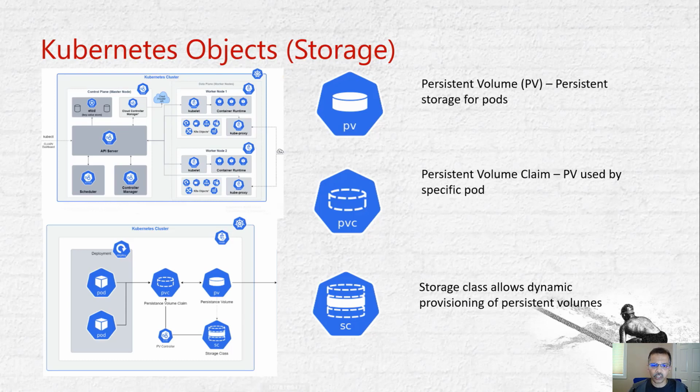Kubernetes has a number of storage types, and the important objects running there are persistent volumes, which are a low-level representation of the storage, persistent volume claims, which is a binding for a pod and a persistent volume, and a storage class which allows you to dynamically provision these persistent volumes depending on whatever storage is available underneath it.